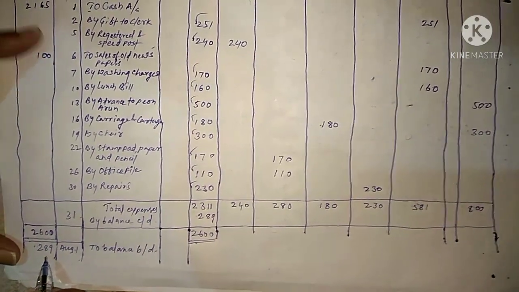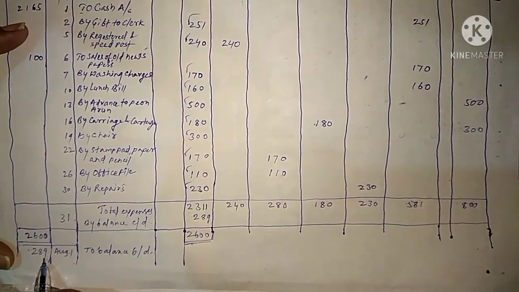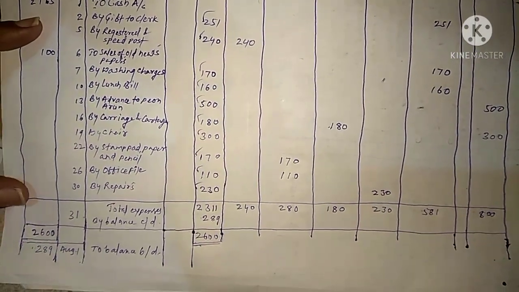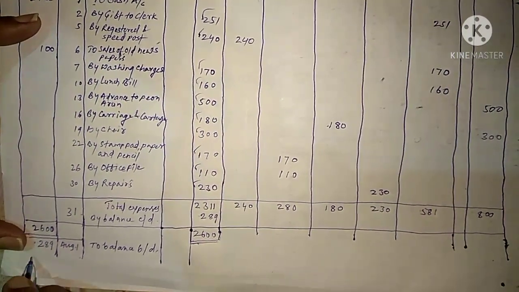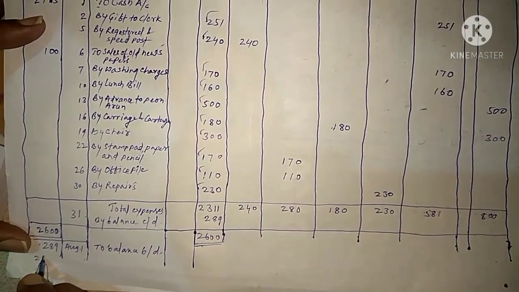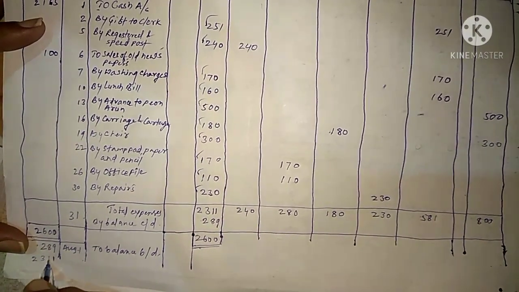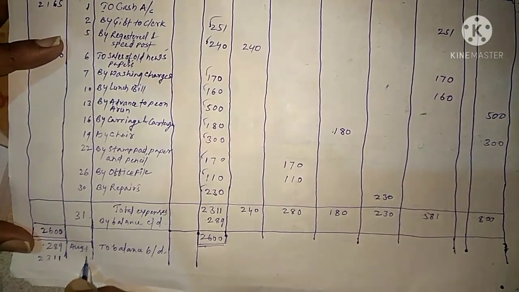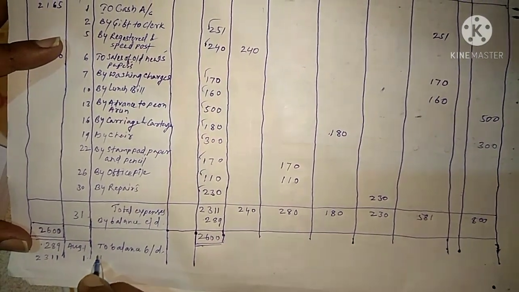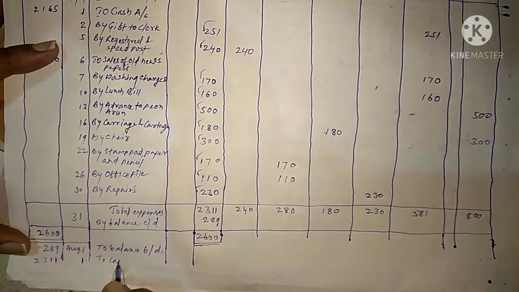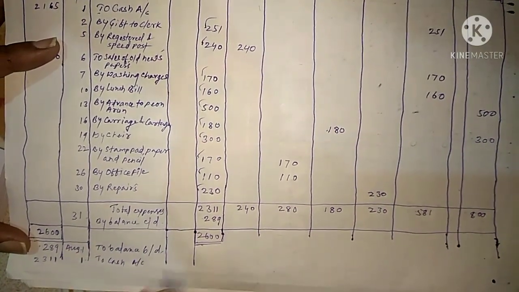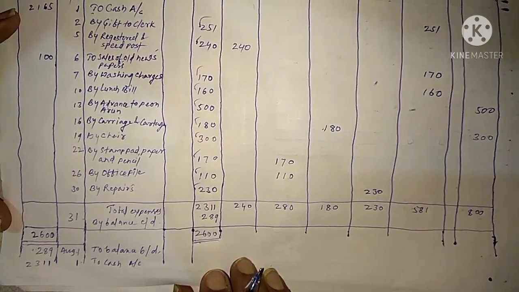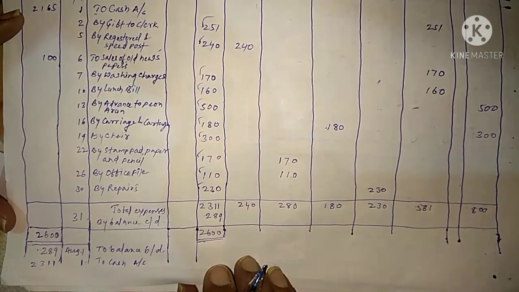Now this 289 we have to less from 2600, so it will come 2311. So this much amount will be imprested by the head cashier. So here we have to put date 1, and here we have to write to cash account. So in next lecture we will do some new transaction.